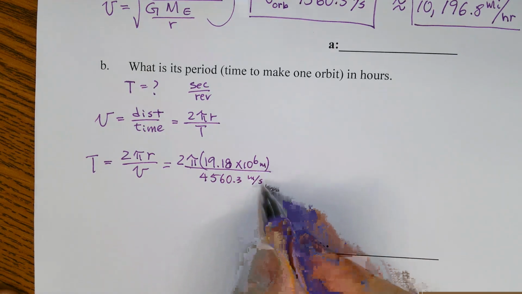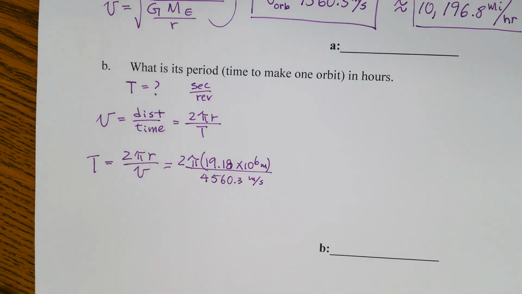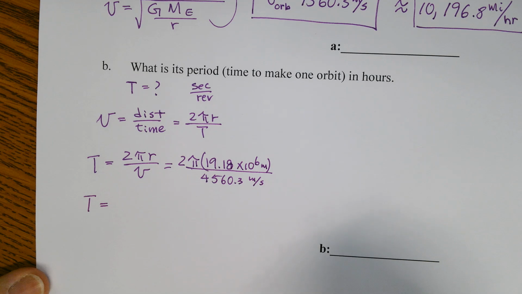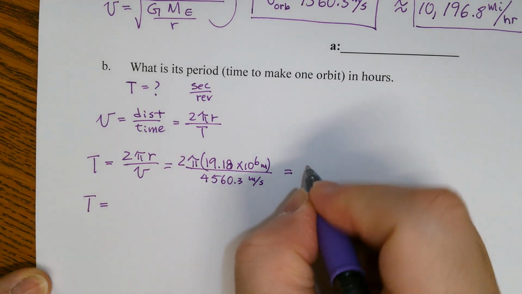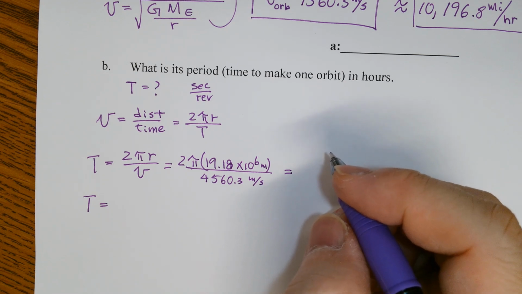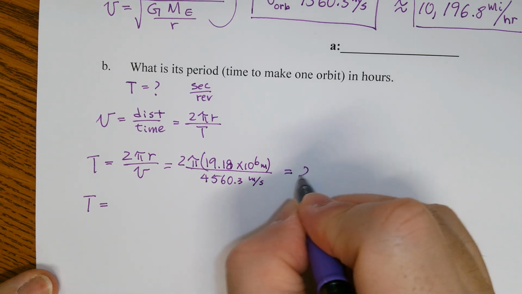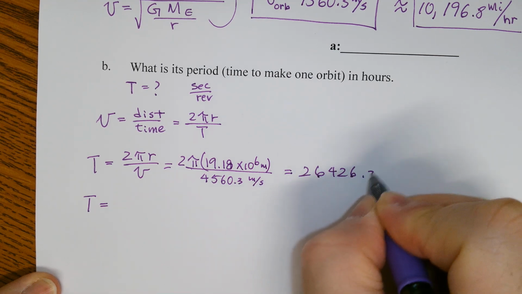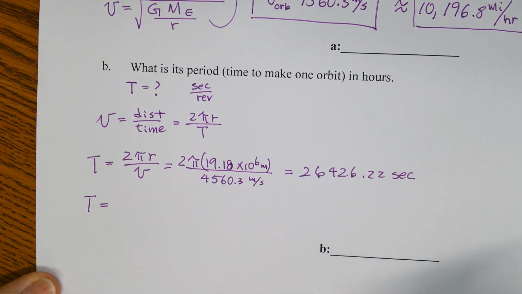Notice how the meters cancel out, giving you seconds. So what do we get? The period comes out to something like 26,426.22 seconds.